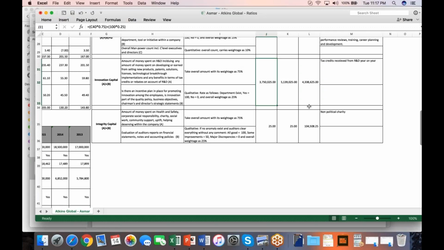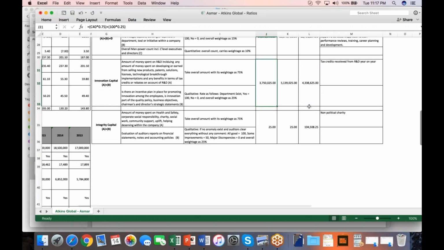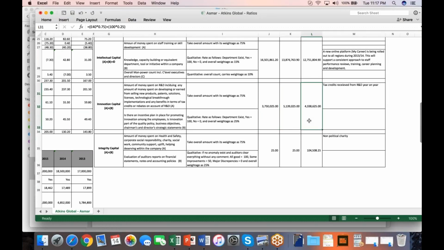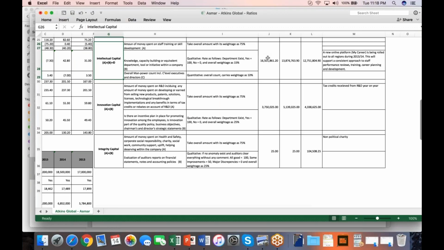I think we can keep it like that and say this is kind of an up and down trend. You cannot be innovative all the time; if you're in engineering you should be, but it is a cost. Interestingly, they are spending a lot of money on improving their intellectual capital, but on innovation we just have 3 years of data.